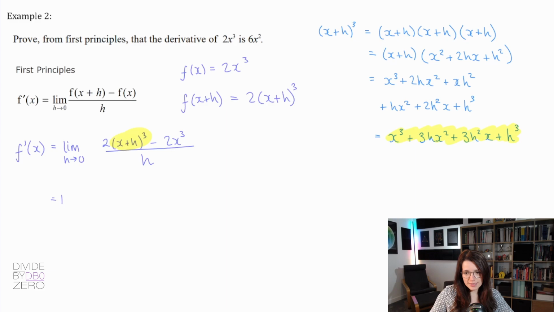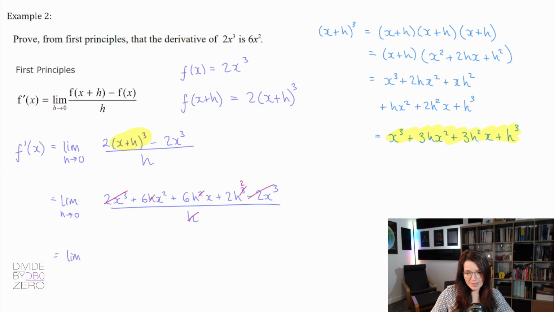So it's limit as h tends to 0 of 2 times that entire yellow expression. So 2x cubed plus 6hx squared plus 6h squared x plus 2h cubed minus 2x cubed all over h. Seeing what cancels, so the 2x cubed cancels, some h's will cancel as well.